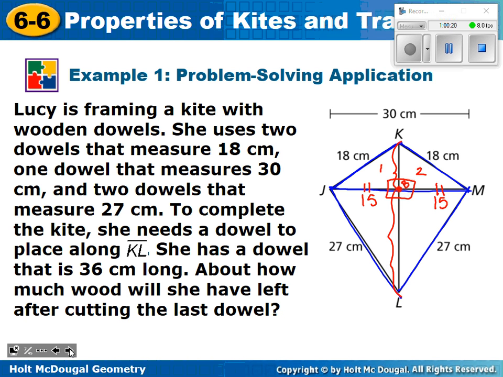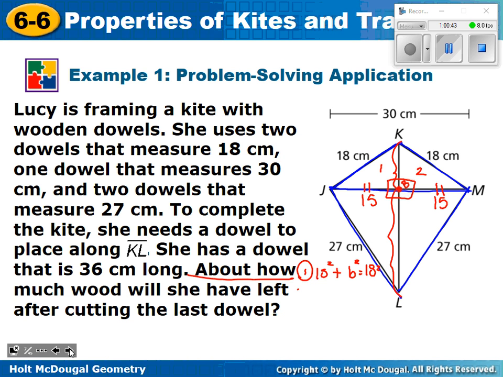Okay, so let's do the Pythagorean theorem real quick. And it says about how much wood. It didn't say to round, but it didn't say you couldn't round. And so on this one, we'll just go ahead and round at the end. So what would be my first Pythagorean theorem? 15 squared plus b squared equals 18 squared.